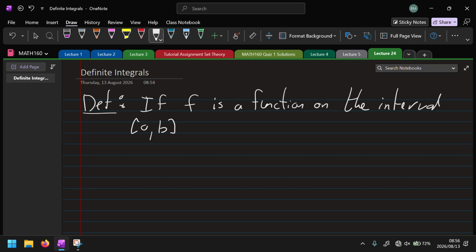But for now, it's a function on the closed interval AB. Later on, we'll look at the differences between closed intervals and open intervals. This will have a major effect in the proof. So closed interval AB.